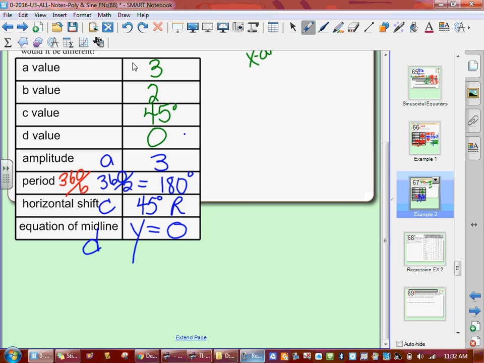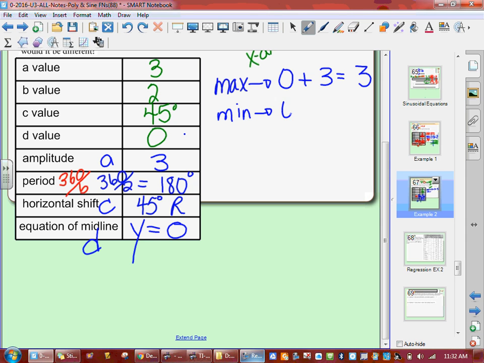How big is our maximum point here? How big is our max? Well, we're going to take our d and we're going to add our a. That's going to give us 3. Our min, 0 minus 3, is going to give us negative 3. So our max and mins are plus and minus 3. This will happen all the time.